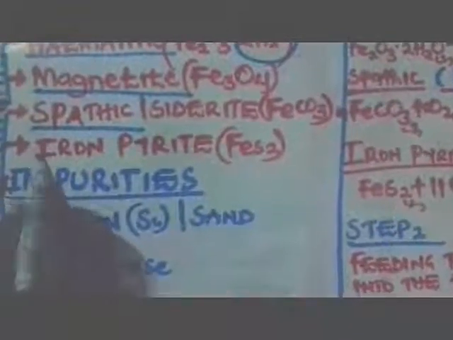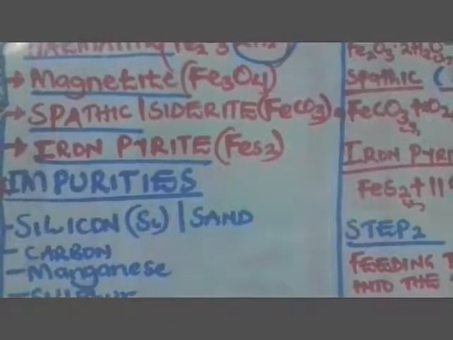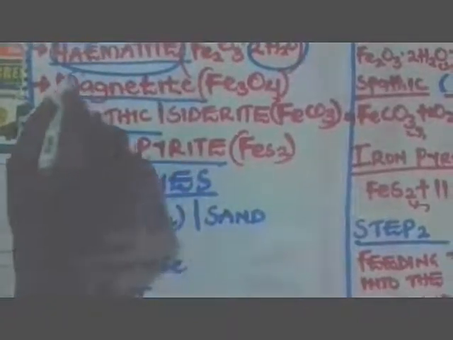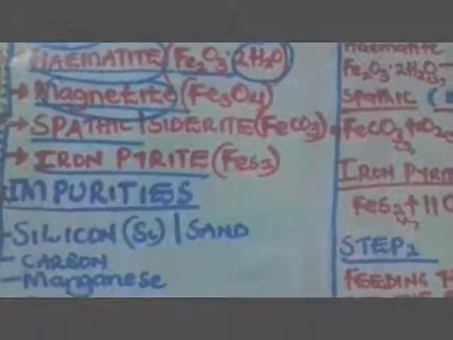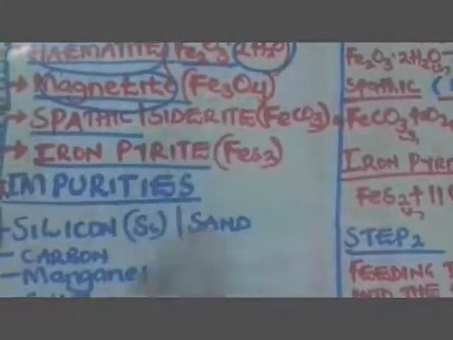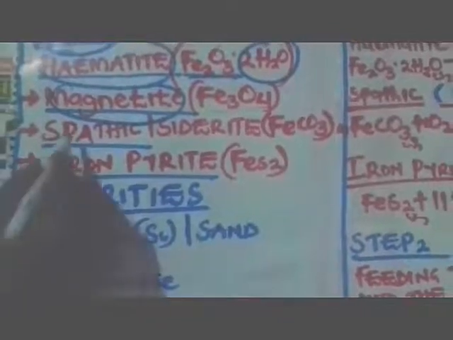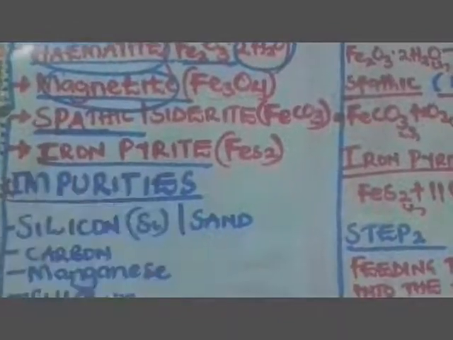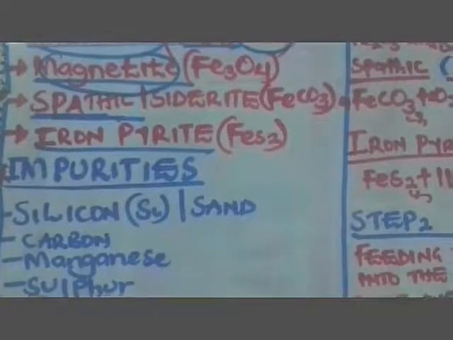Then we look at iron pyrite. However, we are going to focus more on hematite and magnetite. Remember, hematite is iron 3 oxide, and magnetite is tri-iron tetraoxide. We shall also talk about siderite, which is iron 2 carbonate.